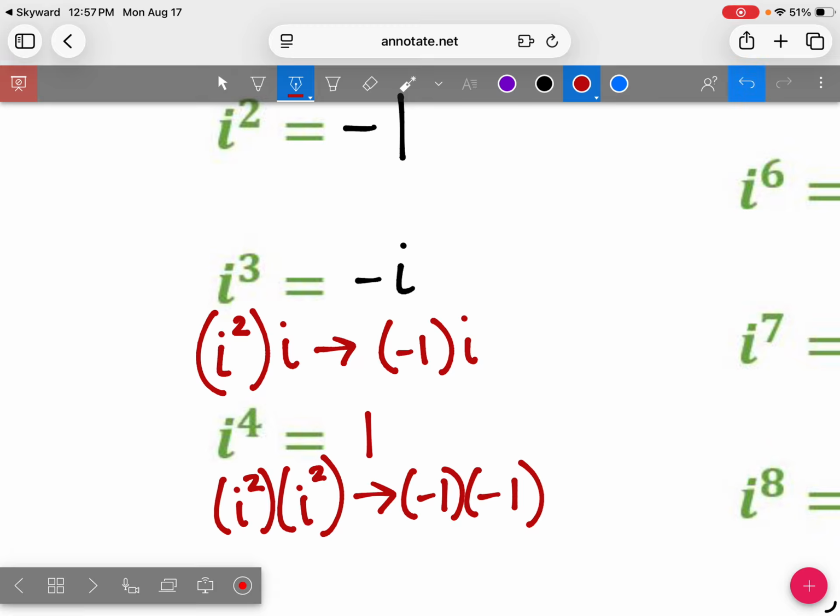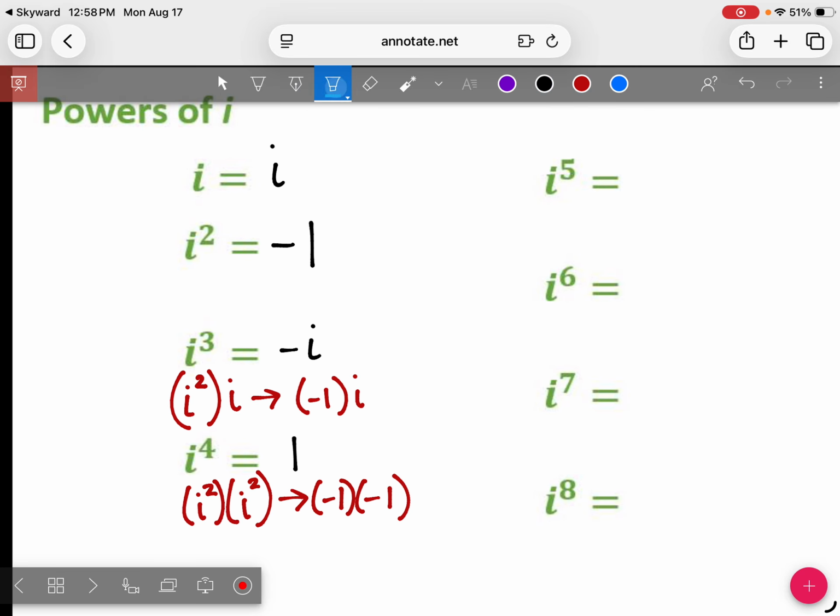All right, so these are the only 4 answers that you should ever give me when you are simplifying i. It's either going to become a positive i, a negative i, a positive 1, or a -1. So now let's move over to the next column. Go ahead and copy down those 4.